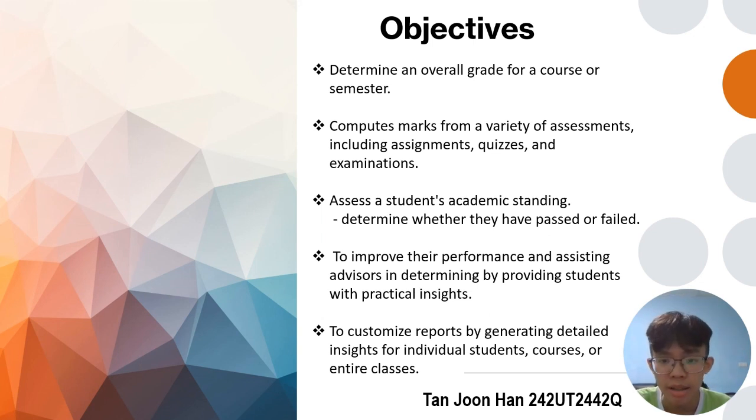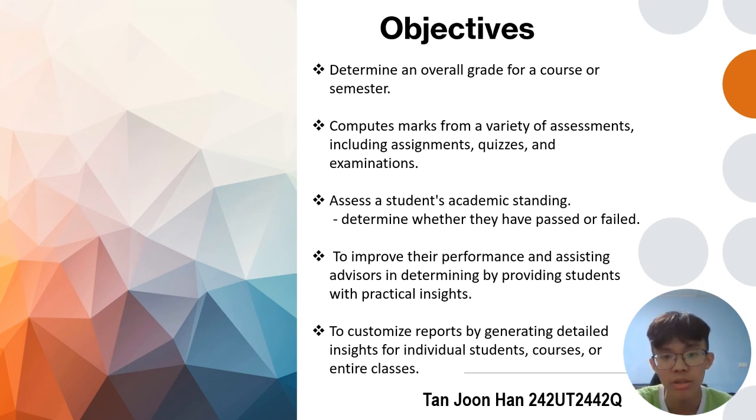For the objective part as well, our project aims to determine an overall grade for a course or a semester. The program also computes marks from a variety of assessments, including assignments, quizzes and examinations. Next is to assess a student's academic standing by categorizing them according to predetermined standards such as probation or honors, and determining whether they have passed or failed.